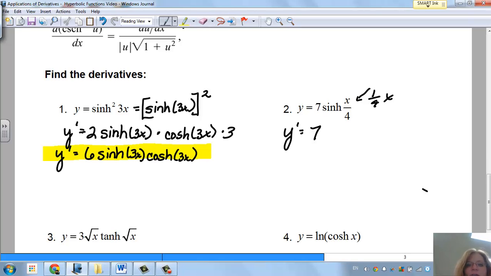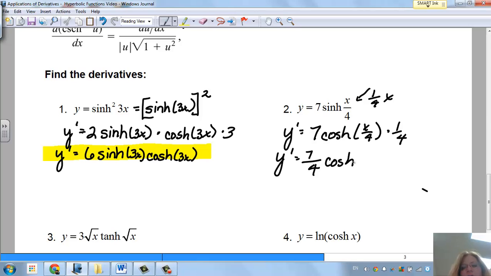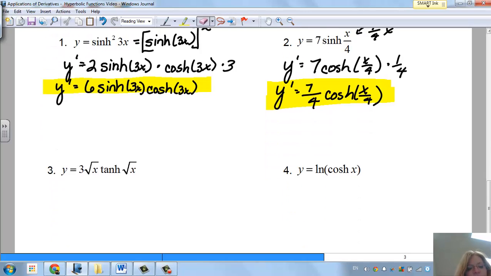So this is going to be 7 cosh of x over 4 times the derivative of the inside, which is 1/4. So y prime is going to be 7/4 cosh x over 4. Again, not very difficult. You just need to know the derivative. So basically part of this is just memorizing. The bottom 2 are a little bit more in depth.